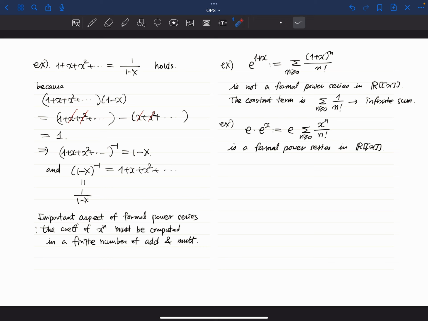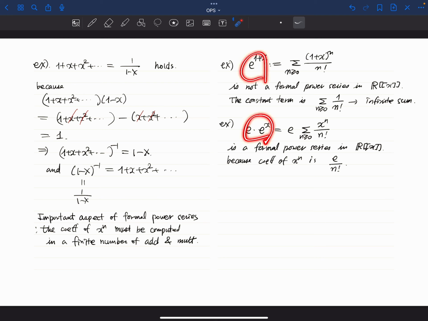Because the coefficient of x to the n for every n is just e over n factorial, which is just a real number, right? We don't have any infinite sum here. So this is a formal power series. So you have to be careful here.